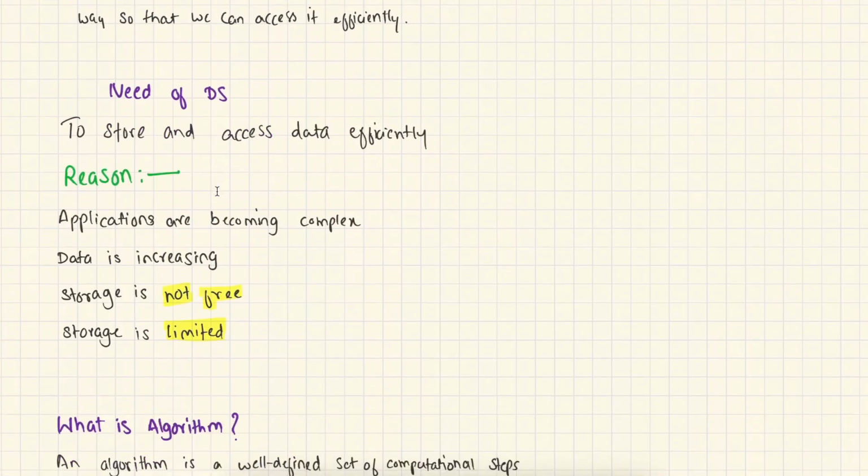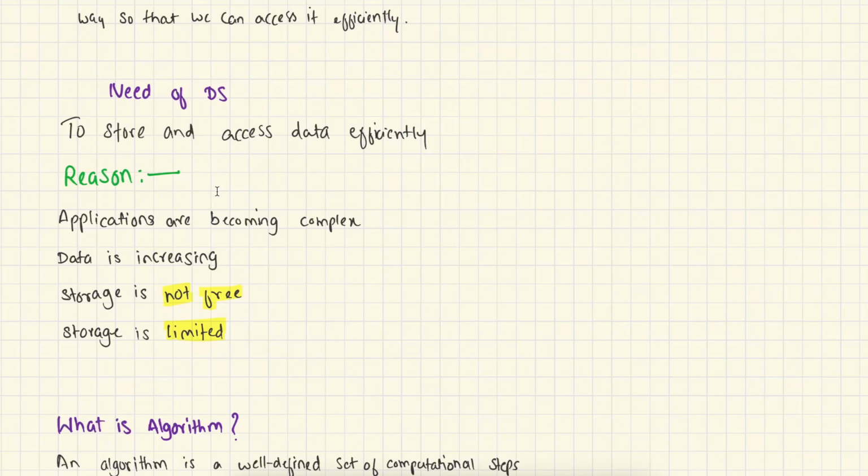Okay, up until this point, you understand that we need data structures to store and access our data efficiently. The reason being, if you see around you, there are many applications like YouTube, Google, Instagram, Facebook, and you can see that every single day data is increasing and applications are getting complex. So many people are uploading photos on Instagram. So many people are uploading YouTube videos. So many people are uploading shorts.